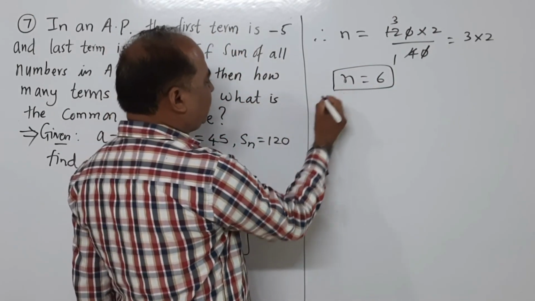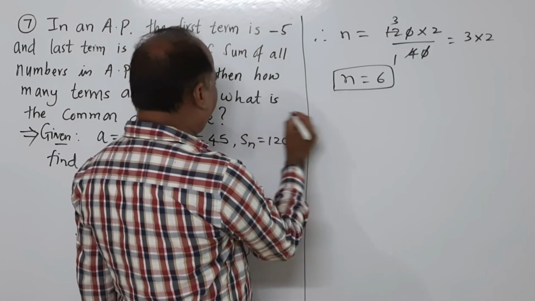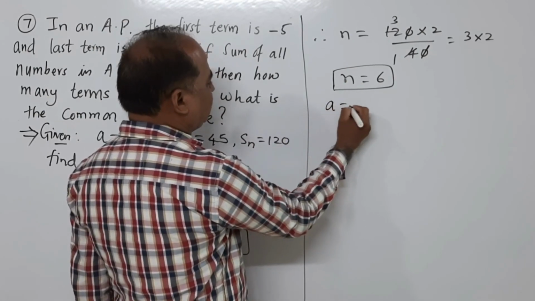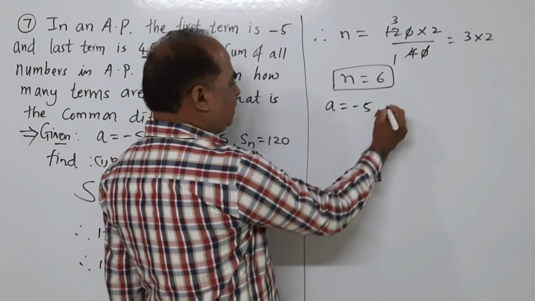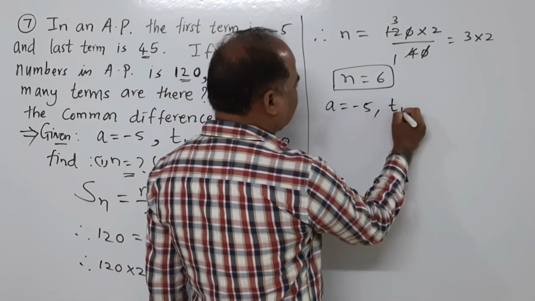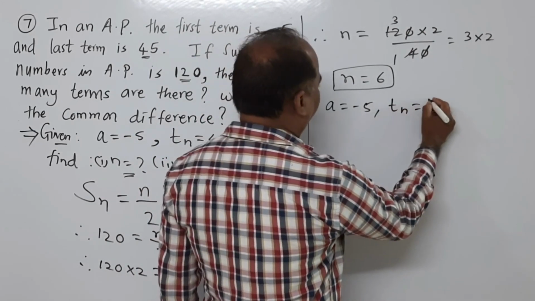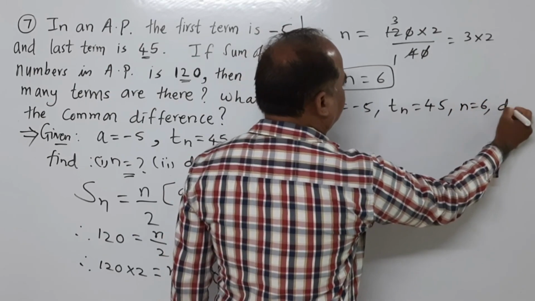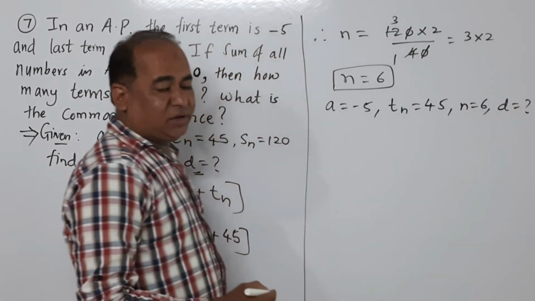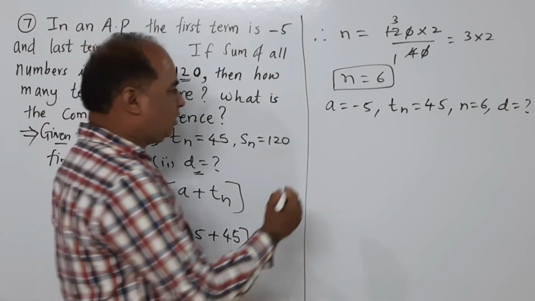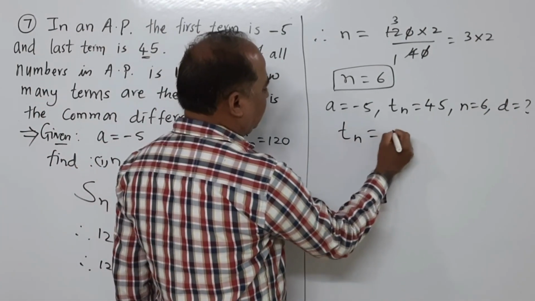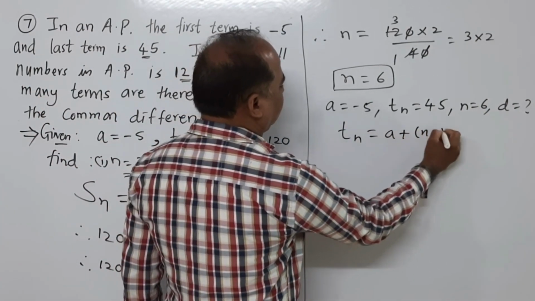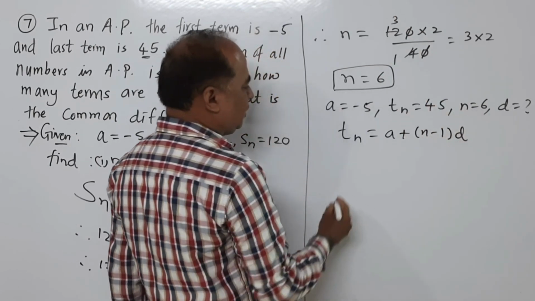Now here we have to find the common difference. So a is equal to minus 5, the last term tn is given as 45, n is equal to 6, and here we have to find d. So using the tn formula, tn is equal to a plus n minus 1 into d.